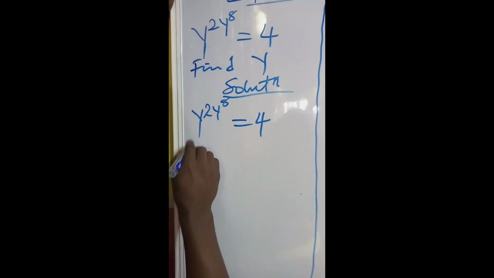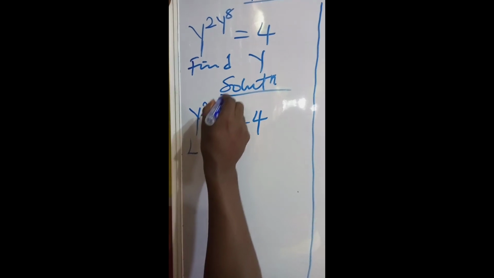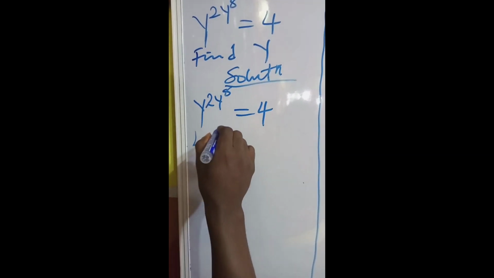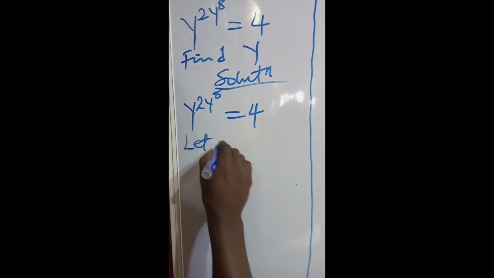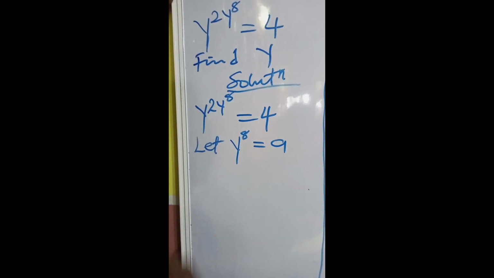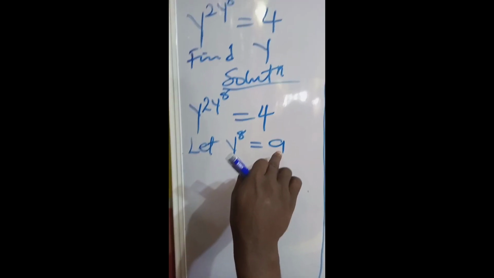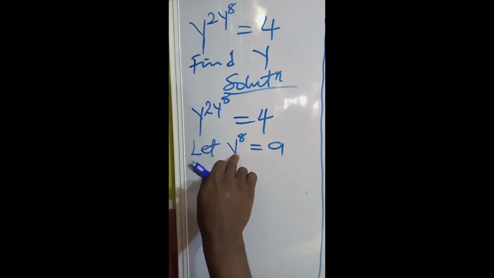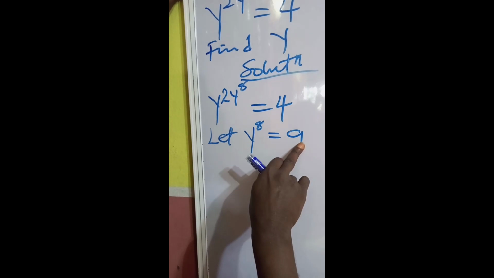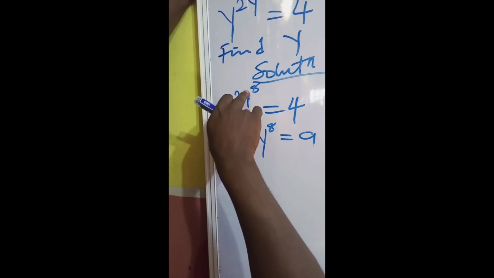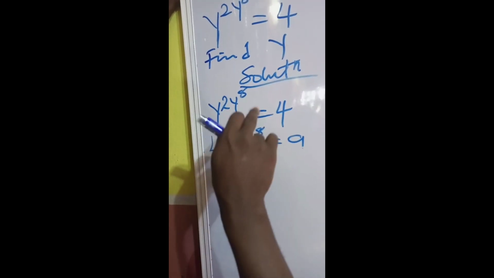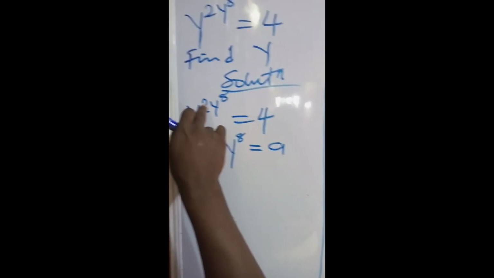What I mean by that is this: let y raised to power 8 be equal to, let's choose, A. Now this y raised to power 8 is now representing A. So in this question, we can replace it with A.